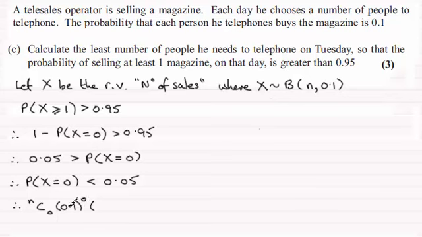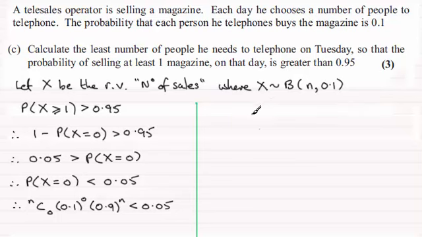Q, remember, is 1 minus p, so that's 1 minus 0.1, so that's 0.9 to the power n. And that has to be less than 0.05.